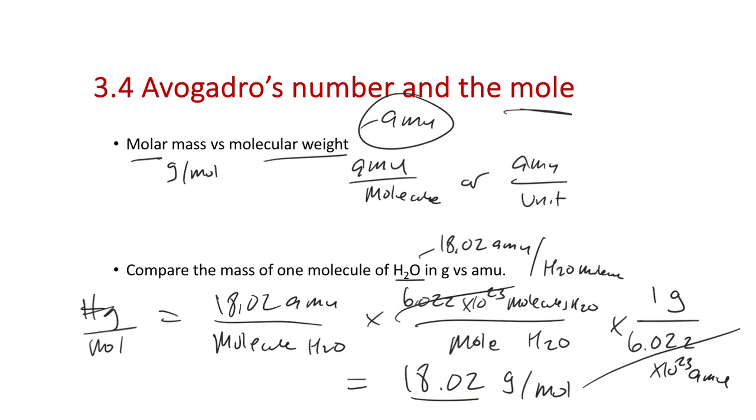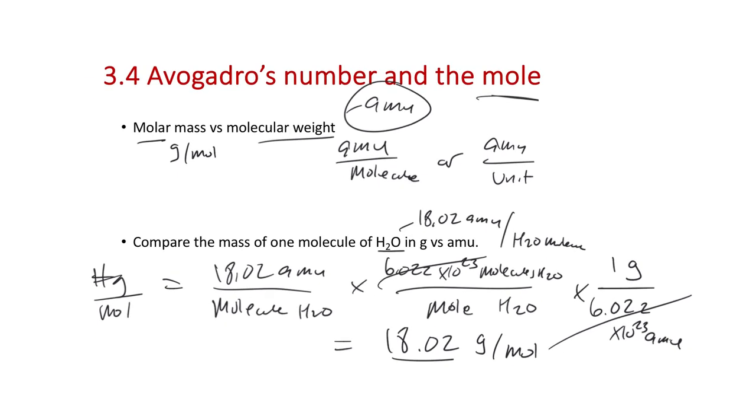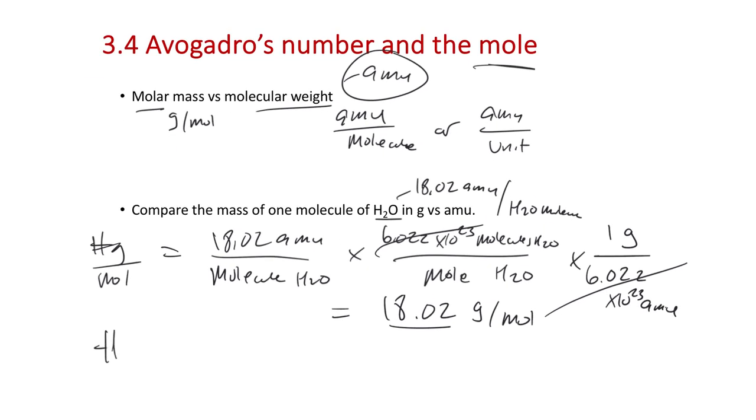Okay, the mass of 1 molecule of water in AMU is 18.02 AMU. Well, what's the mass in grams? What's the mass of 1 water molecule expressed in grams? If we had 1 water molecule and we want the mass in grams, this is where we use the conversion factor, starting with 18.02 AMU, the mass of 1 molecule in AMU.